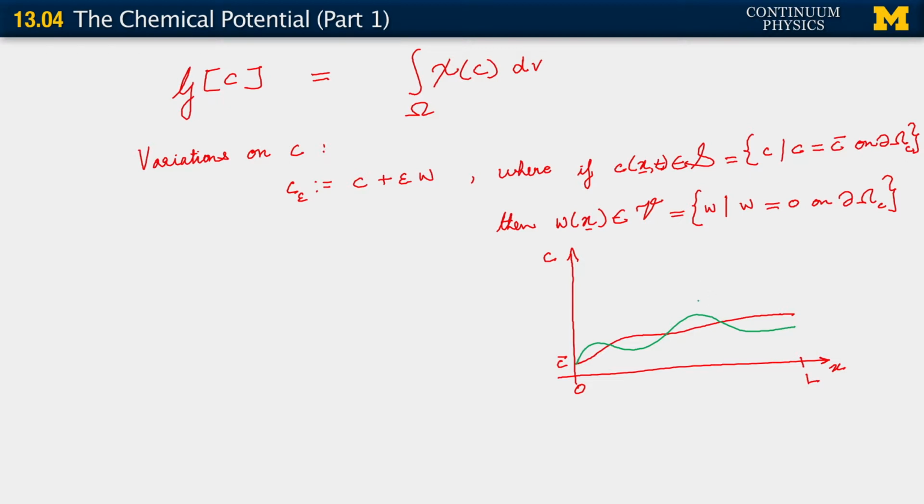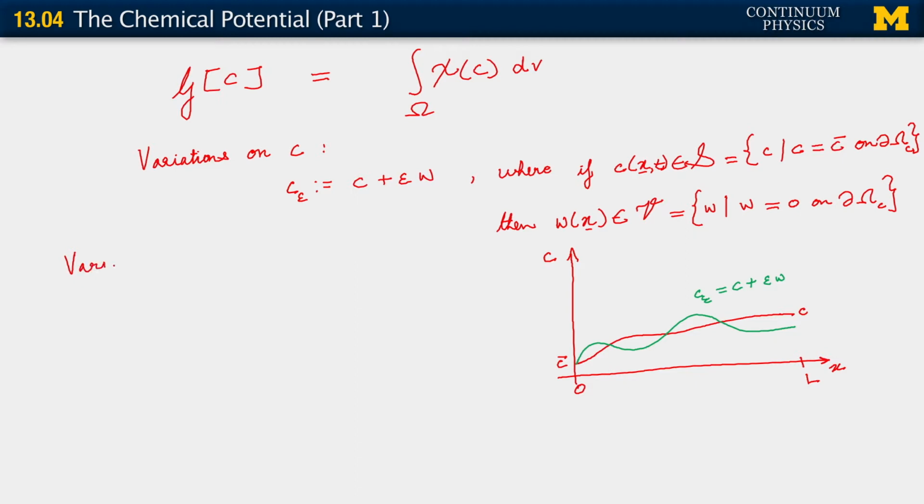The perturbed field is C sub epsilon, which is C plus epsilon W, and the original field in red is, sorry, not U, but C. So we've introduced these perturbations or variations just as we've done before for the nonlinear elasticity problem in the context of equilibrium.